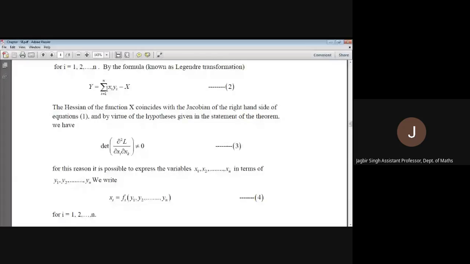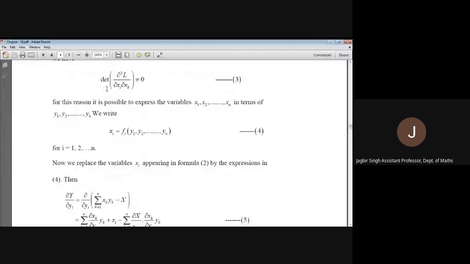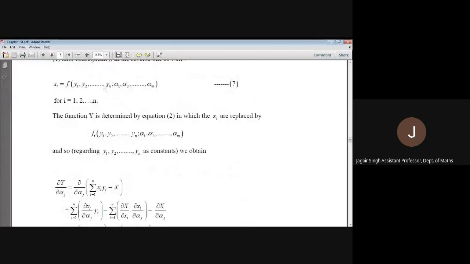Okay, so y will be a function of y1, y2, yn, alpha 1, alpha 2, alpha m.